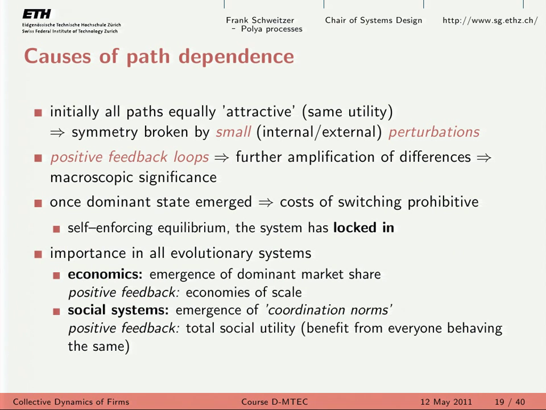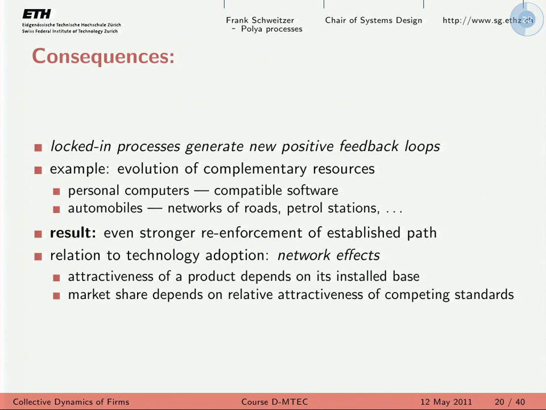And then you see that eventually some social norm emerges that was not decided initially. It is simply the result of the whole process. And once this norm has emerged, it is a very difficult situation to change this again. That is the rationale of what we are talking about now.